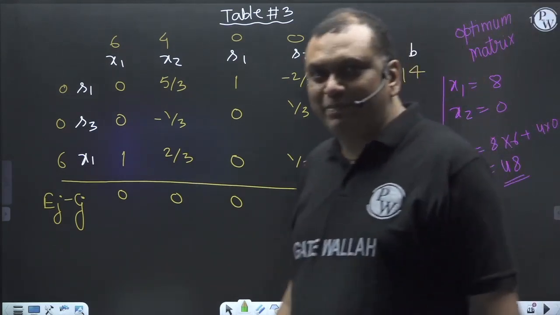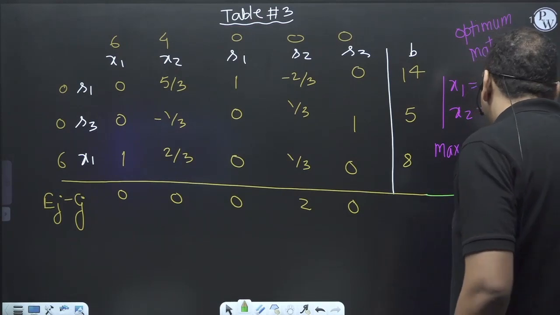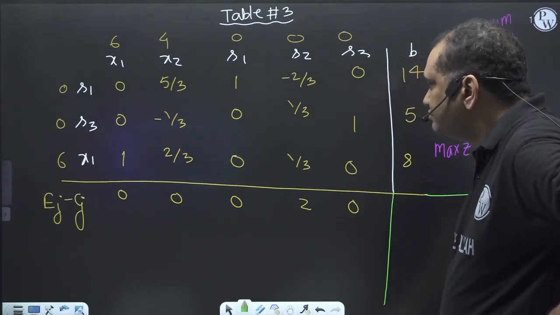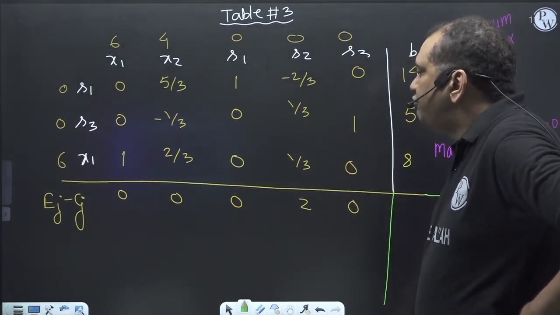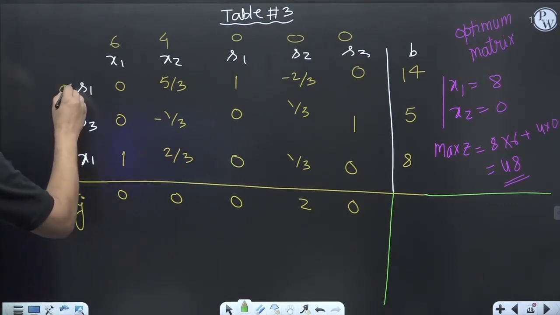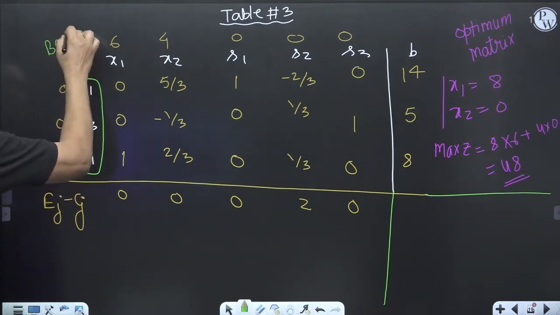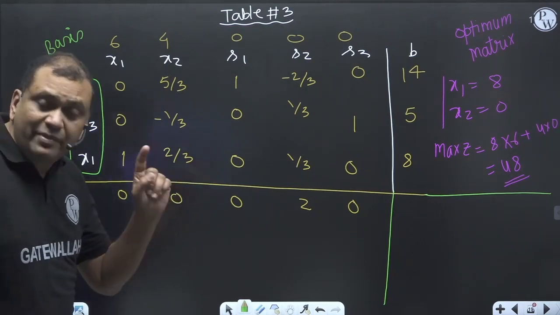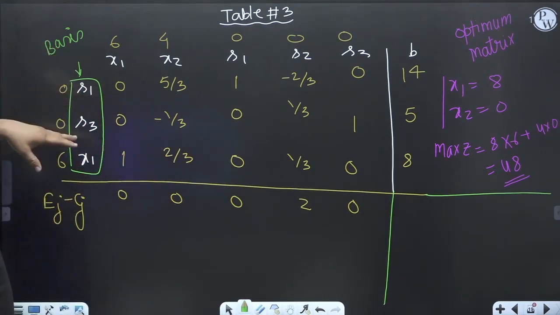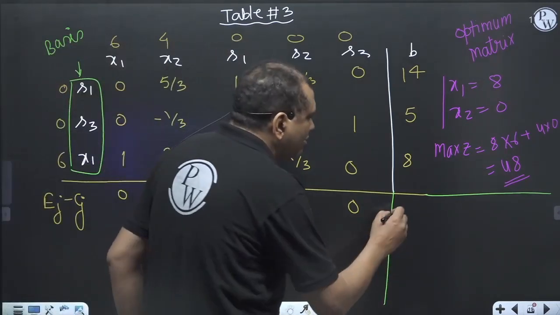Now comes the punch key. In the final matrix, in the optimum matrix, whatever variables are present in the basis are called basic variables.